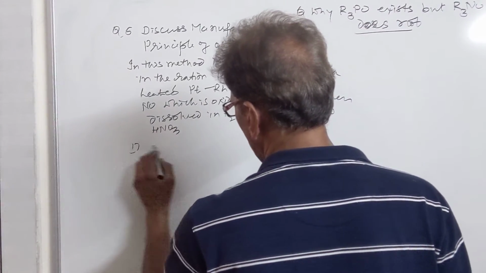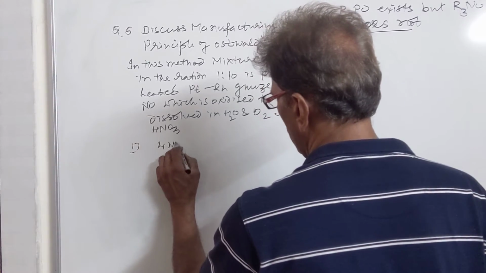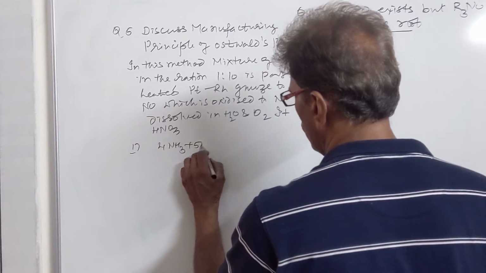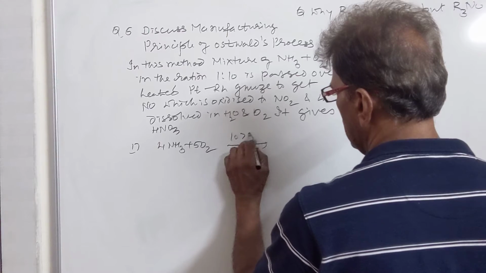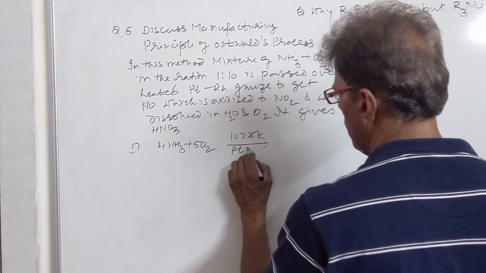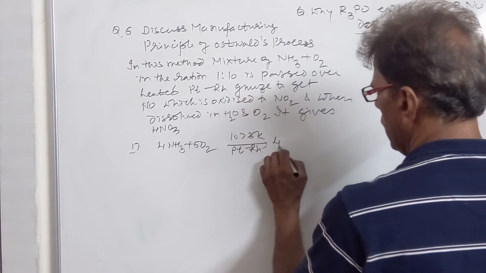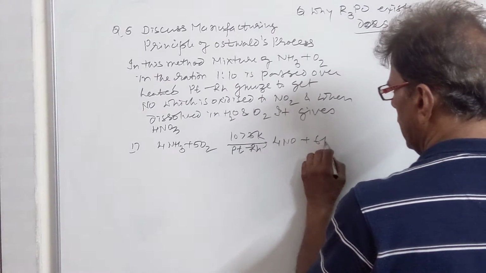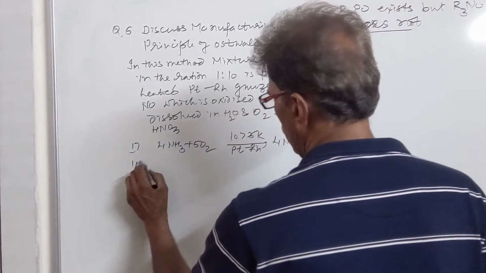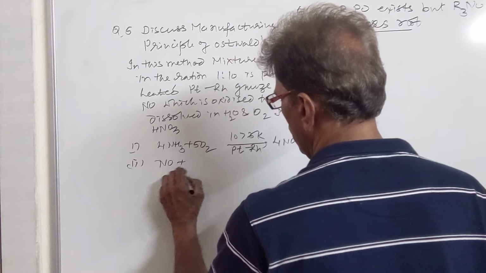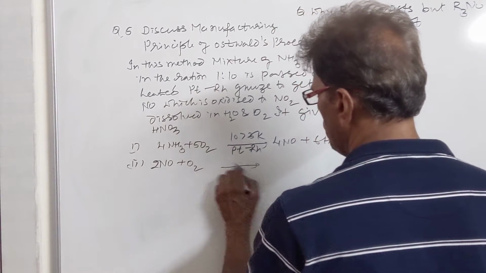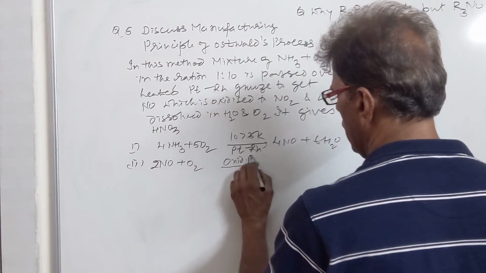So what are the manufacturing principal reactions? 4NH3 combines with 5O2 at 1073 Kelvin. Catalyst is platinum rhodium gauge. You will get 4NO plus 6H2O. This NO combines with oxygen in the oxidation chamber. This is called the oxidation reaction.